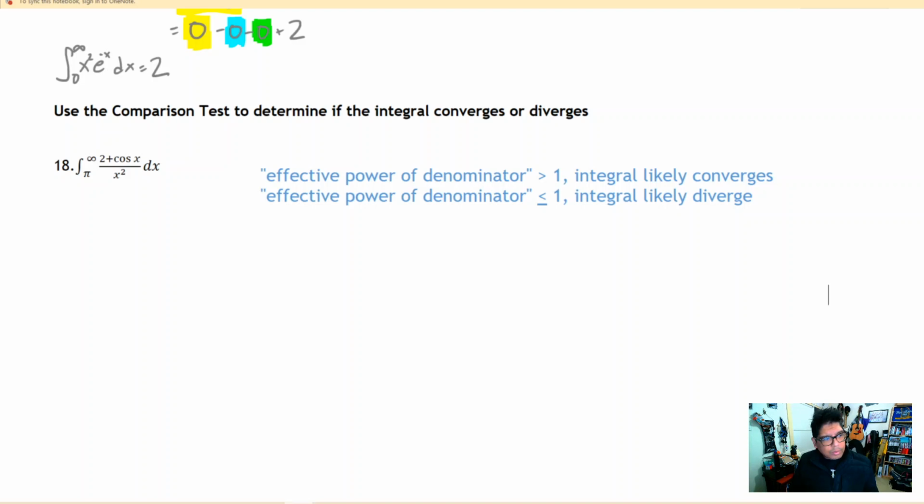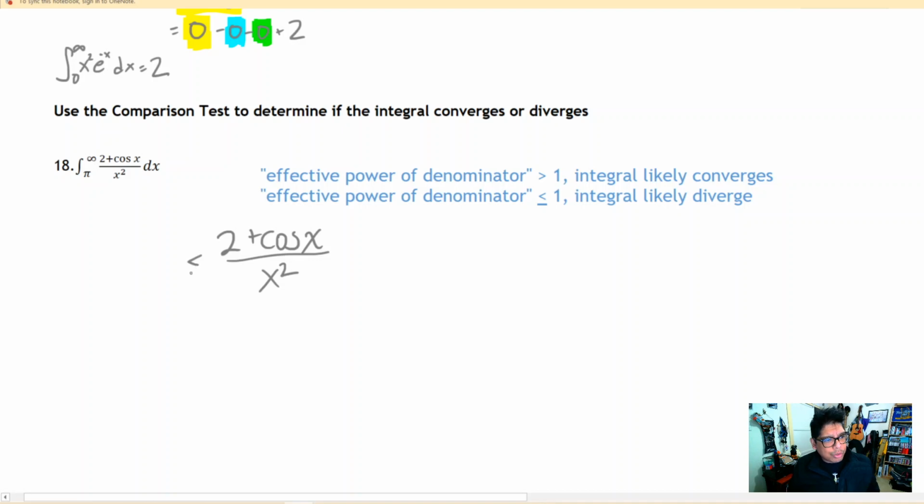So looking at this very first problem, 2 plus cosine x on the numerator, I know that cosine x is a function and it takes on multiple values, but when you come right down to it, the cosine value of x always lives between -1 and 1.